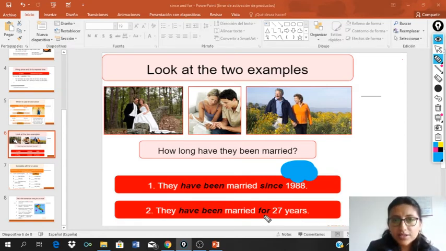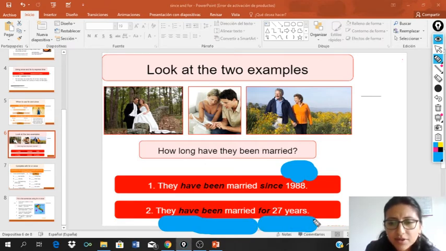During 27 years, they have been married. Okay? This is a period of time, and in the first case, we are talking about the year when they got married. Okay? Very good.